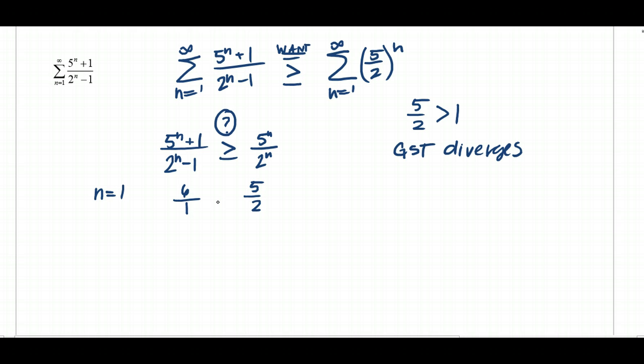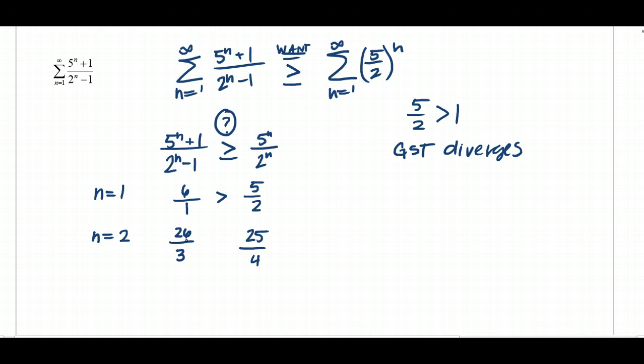So yes, 6 over 1 is greater than 5 over 2. So this is true. And then if I have n equals 2, so 5 squared is 25 plus 1 is 26. And then 2 squared is going to give me 4 minus 1 is 3. And if I plug in 2 here, I'm going to get 25 over 4.